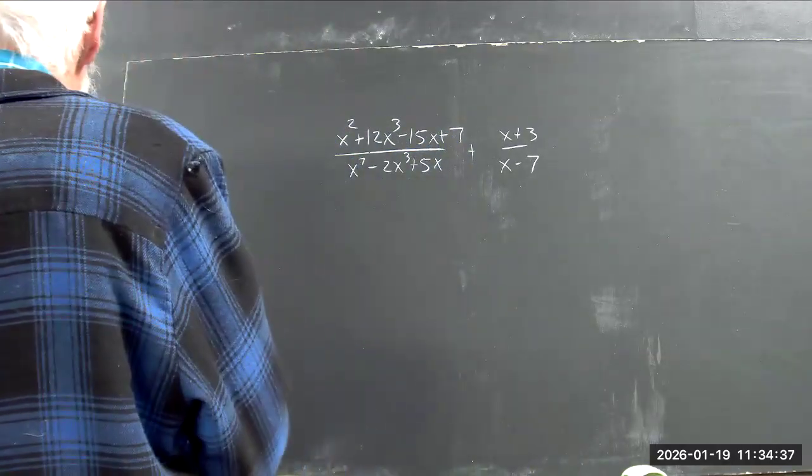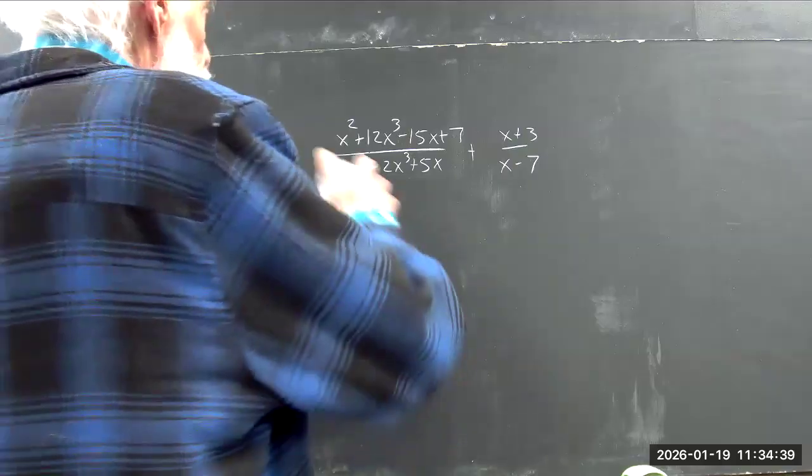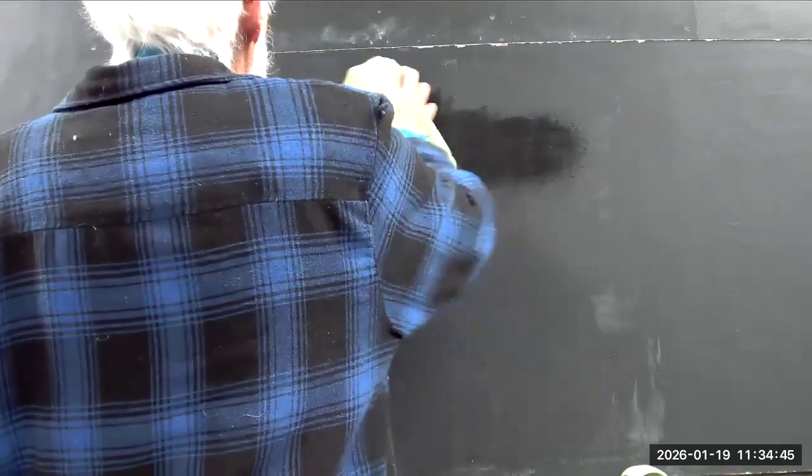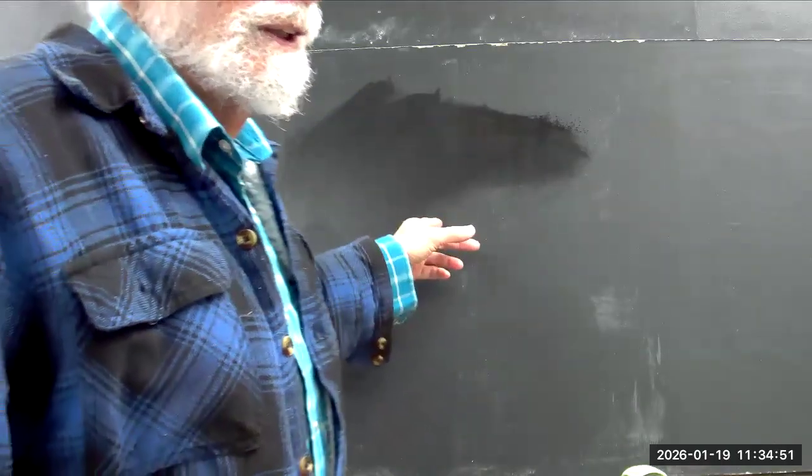Since a majority of people at this stage have trouble adding fractions, we've got to get over that so you can do this when the time comes. Okay, that might look intimidating, and that one would be intimidating.